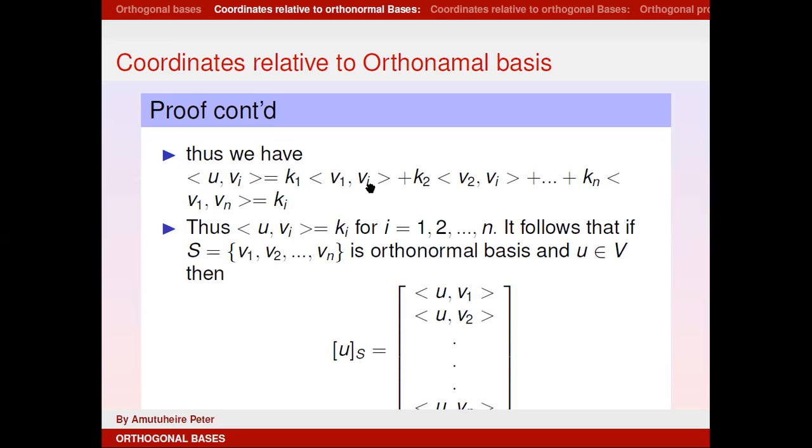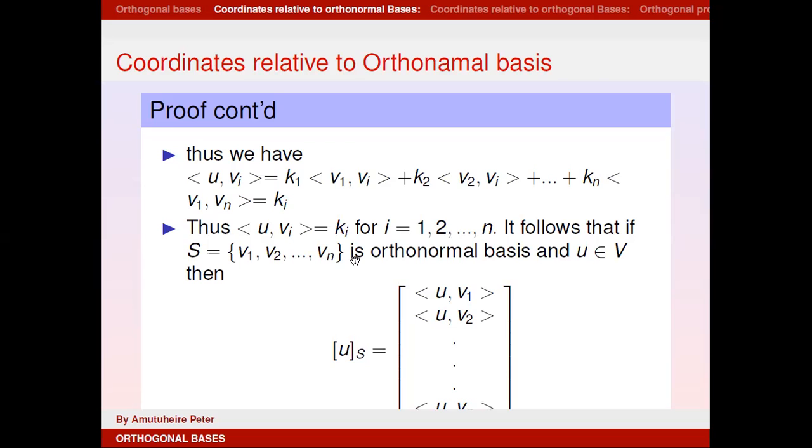Meaning that when you take the inner product with V1, if we take i equal to 1, then all these will be 0 apart from V1, V1. But V1, V1 is the norm of V1, which will give us 1 since we are talking of an orthonormal basis. So here we get K1, here we get K2, and so on, we get Ki. Thus, the inner product of this is Ki for each i.